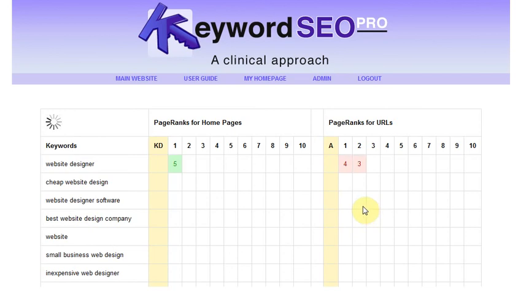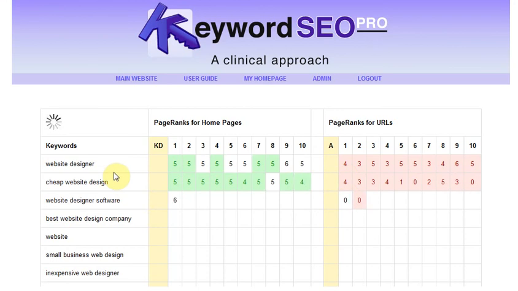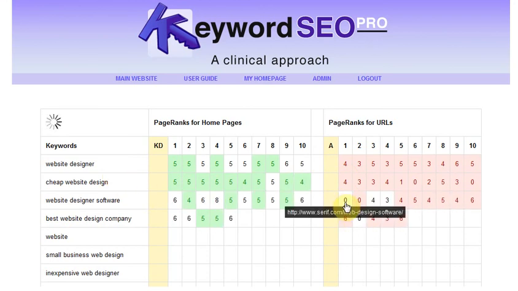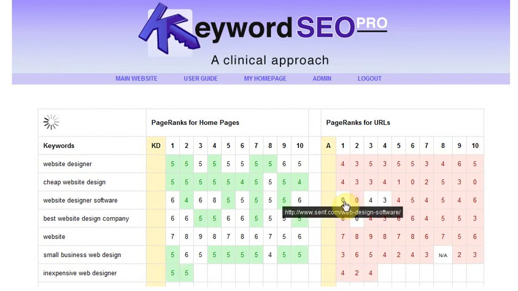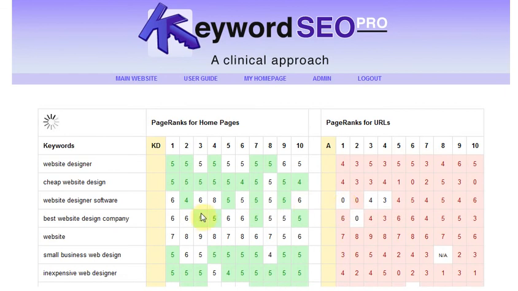Keyword SEO Pro then goes off and finds the top 10 pages for each of our keywords on our chosen Google domain. We see here that this page is an internal page. It has a PageRank of 0. Do not be misled by those who claim that PageRank is irrelevant. It is the PageRank of the home page that matters, and in this case, the home page has a PageRank of 6.